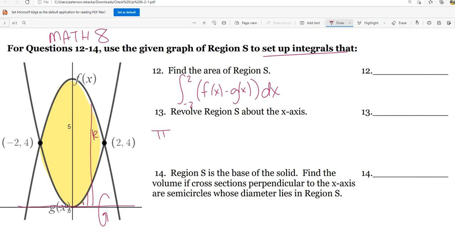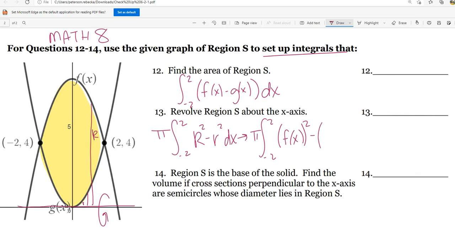And we're going to go pi integral from -2 to 2 of capital R squared minus little r squared dx. So this becomes capital R is f of x minus 0, and little r is g of x minus 0 dx. Again, if you got this wrong, please put in words what you missed.